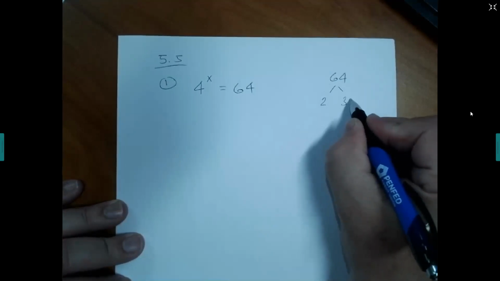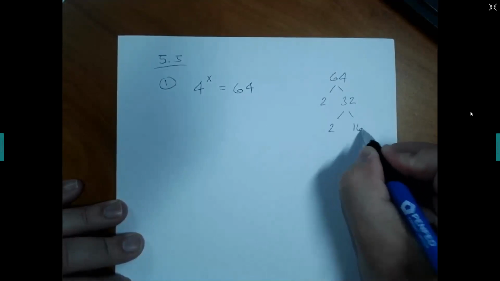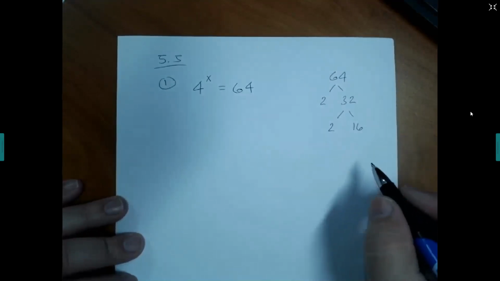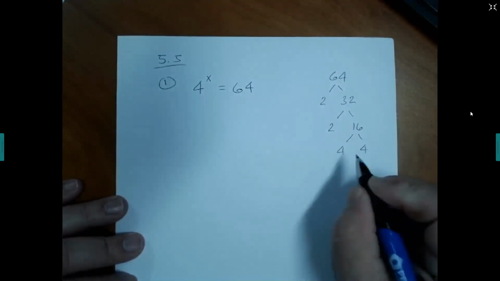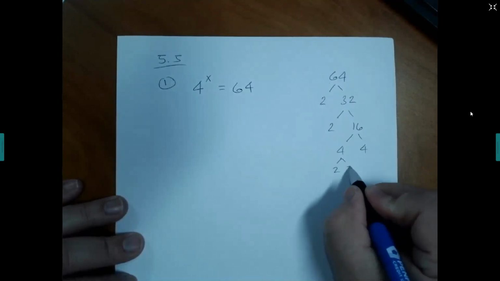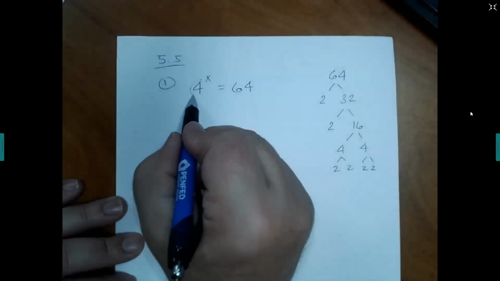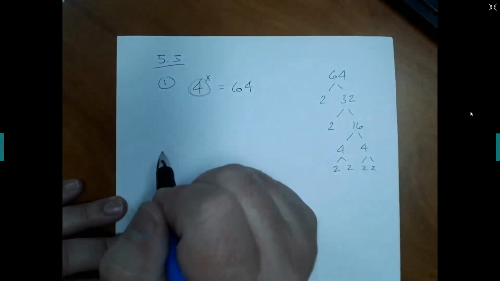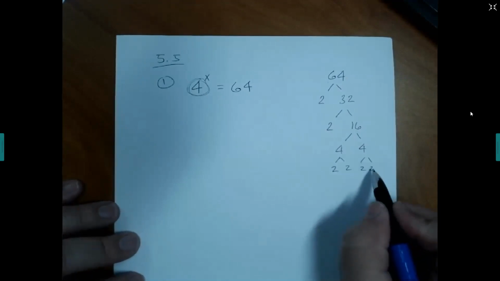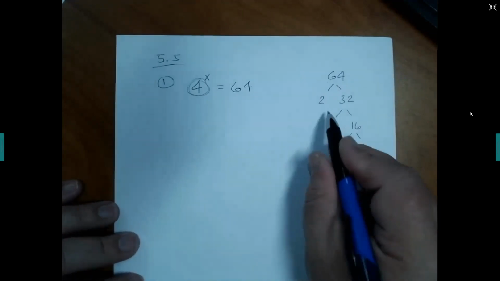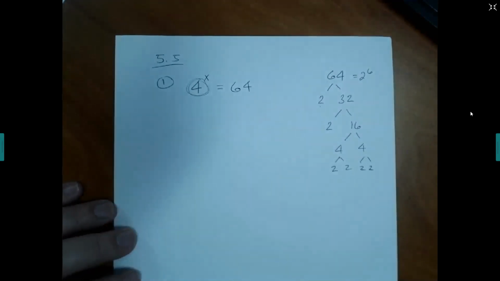Two times 32. 32 is 2 times 16. 16 is 4 times 4. 2, 2, 2, 2. But we have a base 4 on this side. We have 1, 2, 3, 4, 5, 6. So 64 is 2 to the 6th.